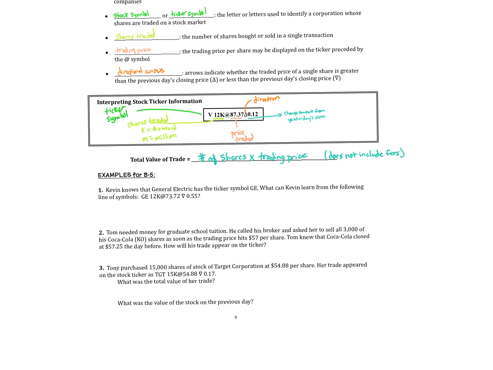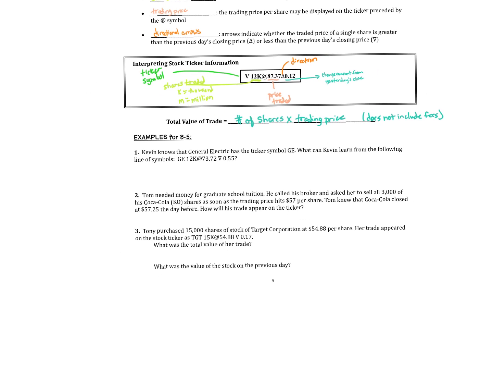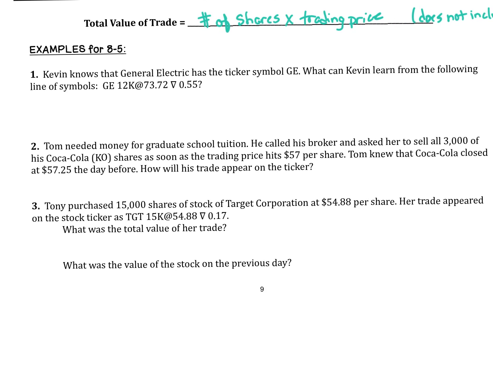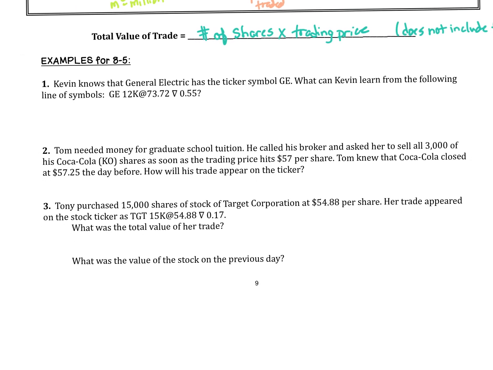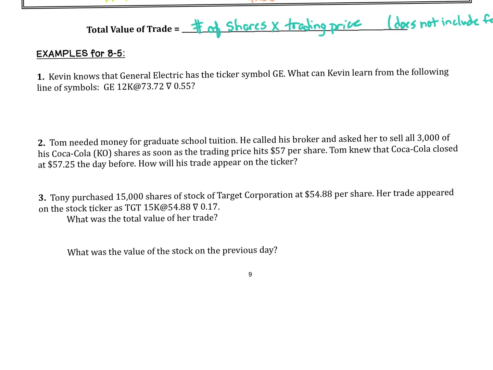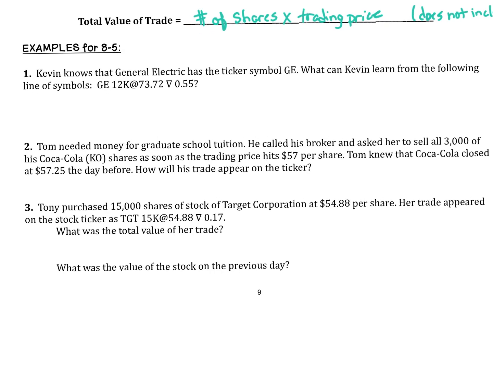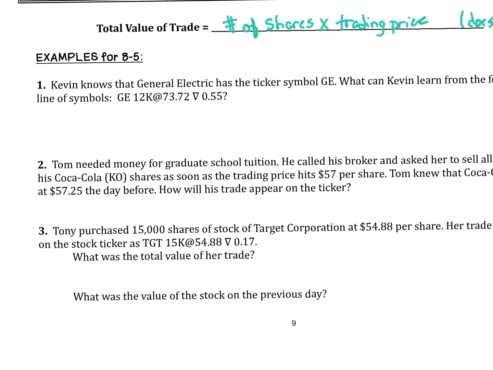Becoming familiar with the ticker and what it all means. Kevin knows General Electric has the ticker symbol GE. What can Kevin learn from the following line of symbols? Okay, so there was a trade. How many shares were traded? 12,000.